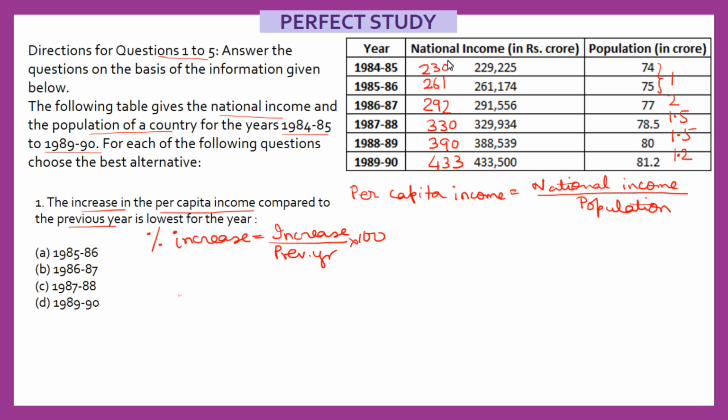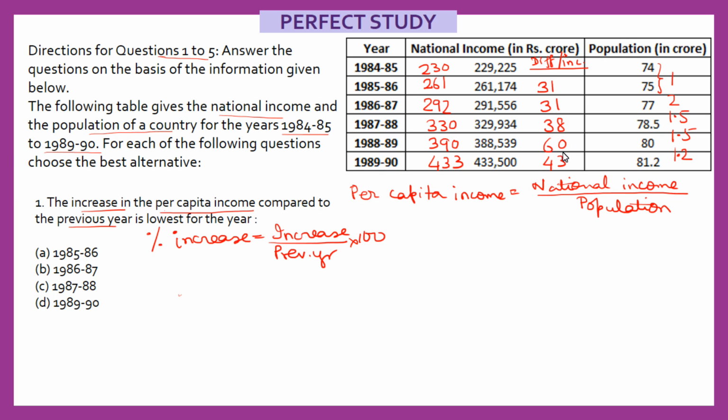Now what we will do, we'll just take the difference of these two years. So 230 and 261, I'm writing the difference here, or you can say the increase. How much is the increase? Here the increase is 31, here it is again 31, here the increase is 38, here it is 60, here it is 43. Okay, this much is done.